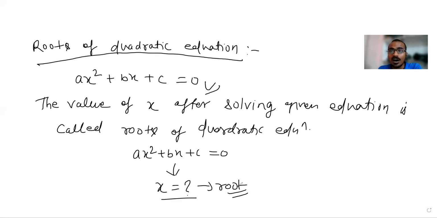So now we are interested in calculating the roots of a quadratic equation, solving the quadratic equation. How will a quadratic equation be solved? Now we are going to learn a very important technique to solve the quadratic equation.